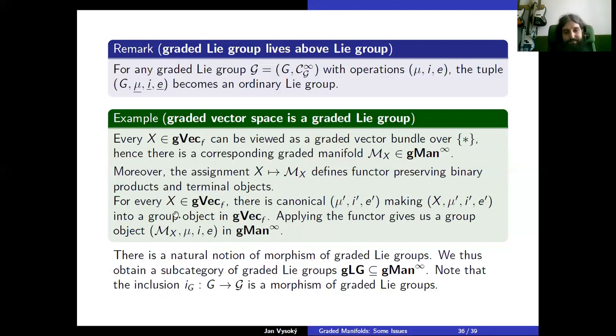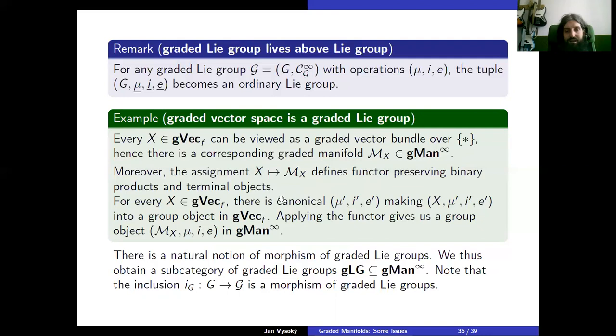So I can now take a graded vector space, and there is a canonical three-tuple of operations which makes this four-tuple into a group object in the category of graded vector spaces. They are completely trivial. This mu prime is induced by addition, this i prime is induced by subtraction, and this e prime corresponds to the zero vector in my graded vector space.